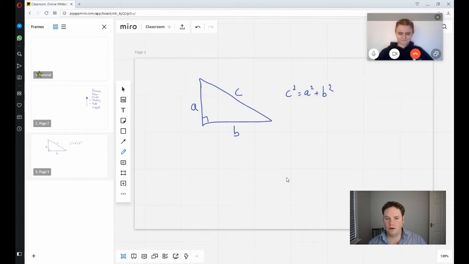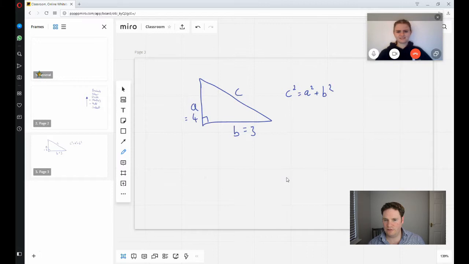So if, let's say, B equaled 3 and A equaled 4, what would C equal? 7. No. Oh wait, 3 squared, so it would be 3 squared, which is 9, and then 4 squared, which is 16, and then that's 25.